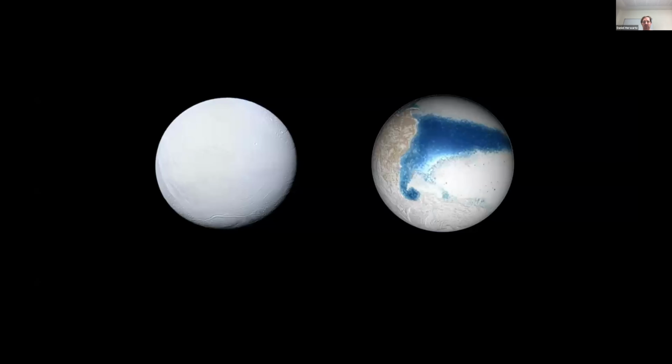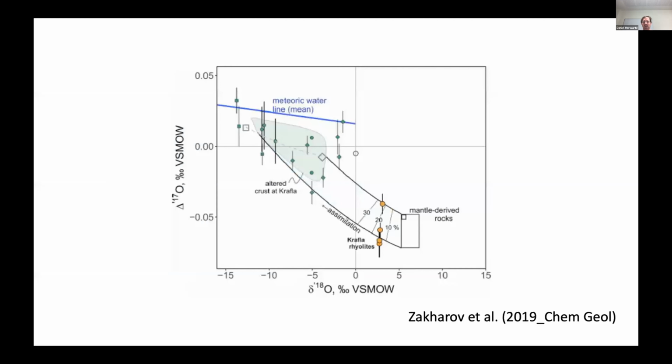I'll skip this. Of course, it all goes to the question whether we had a snowball or a slushball and what the climate was like, but it's still a matter of debate, I guess, or speculation. We can have assimilation of such low delta 18O rocks. So if you have your magma chamber, you produce low delta 18O rocks due to water-rock interaction, you will incorporate some of the low delta 18O rock into your magma chamber.